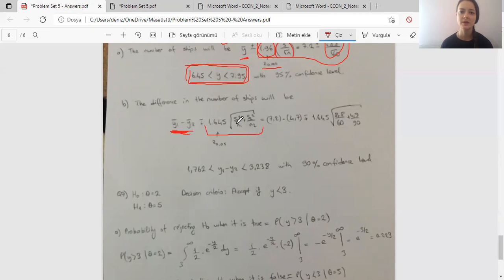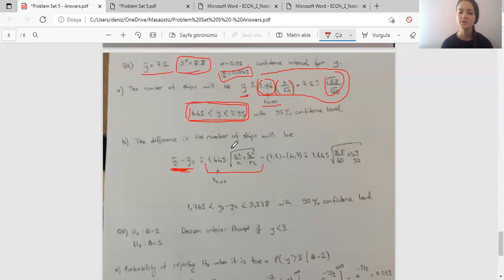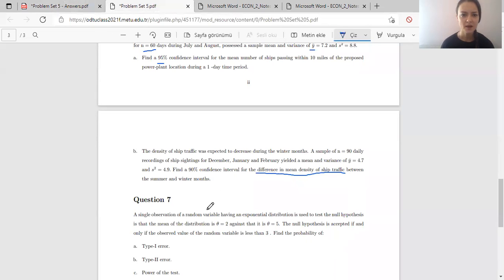So what do we write? Since the confidence interval is 90%, I'm sorry, I said 95%, it asks for 90%. So our alpha is 10% here, and we're going to use alpha over 2 from the formula. So alpha over 2 will become 5%.